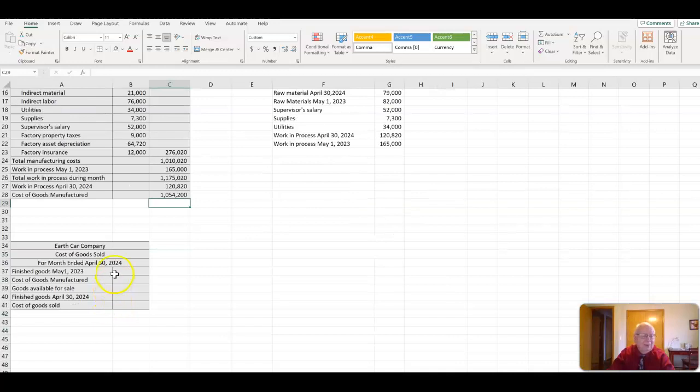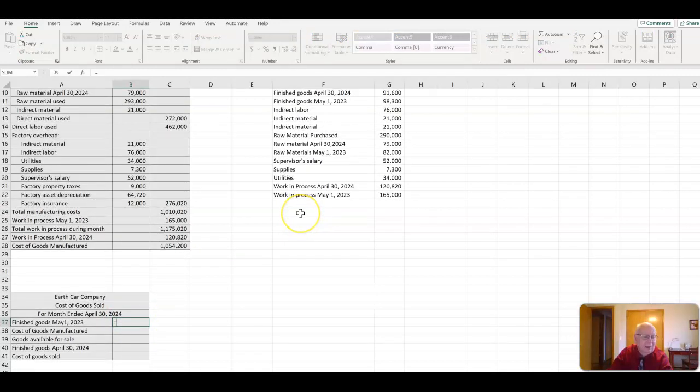Then we'll come down here and we'll do our cost of goods sold. So we would start with our beginning finished goods, which is the $98,300. Then the cost of goods manufactured is what we just calculated, so that's what will go in there. And then we add these two together.